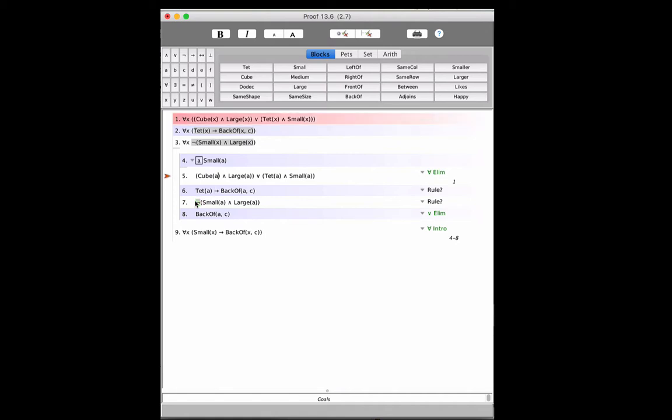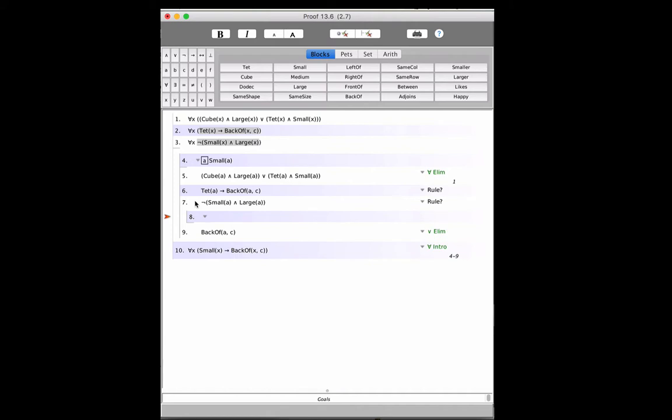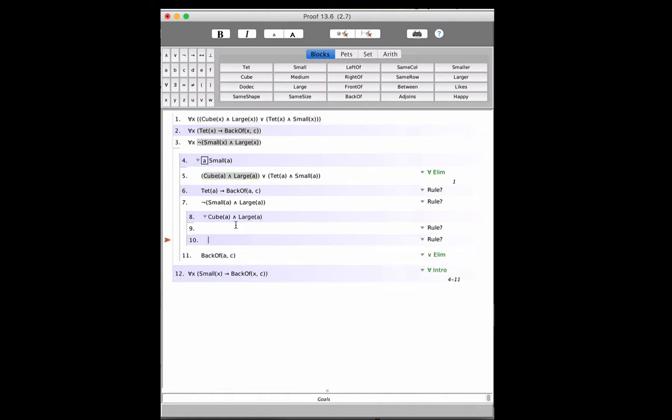So as I mentioned a little bit ago, once you've dismantled your universal from each of the premises, you're now in a position to set up disjunction elimination. First, by assuming the left side, what do you want? You want back of AC, exiting the subproof and immediately starting the second side of the disjunction elimination.